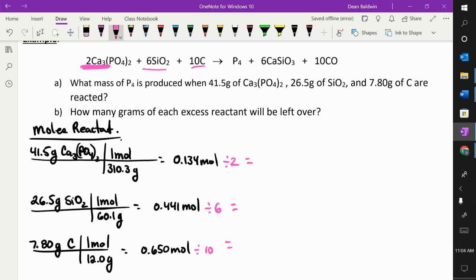That should be 0.067, 0.0735, 0.0650. Yep. Okay, so which one's limiting? Carbon is limiting, right? The lower number is the limiting.